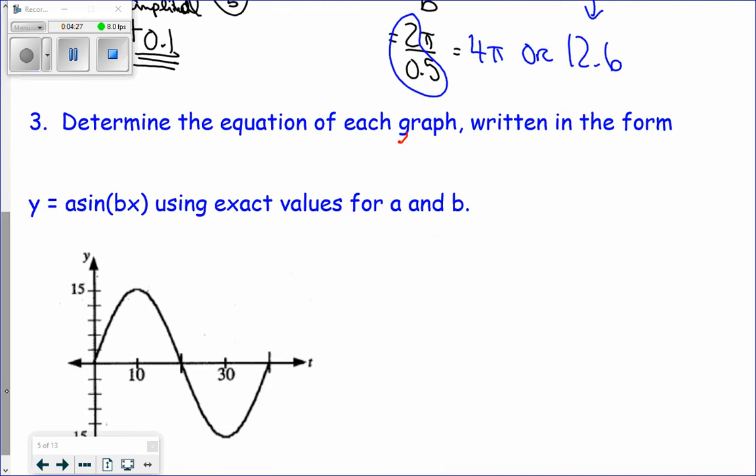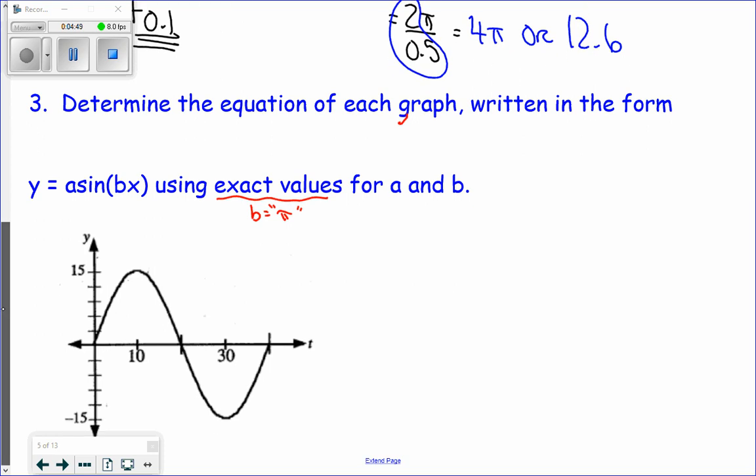Okay. So if we look at determining the equation of this one, it says using exact values of A and B. When you see the words exact value, typically that means the B is going to have a pi in it, because you don't want to round any decimals on your calculator. So option number 1: you recognize that this is the halfway line.